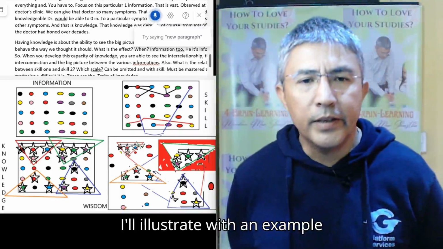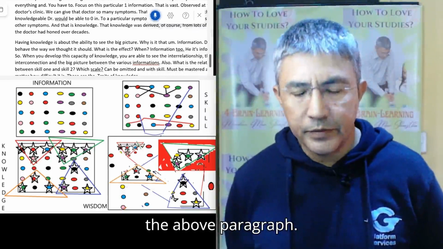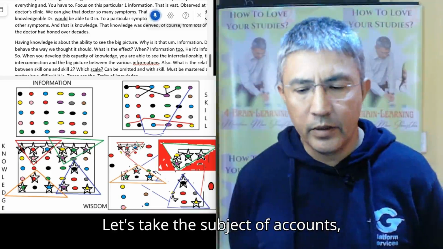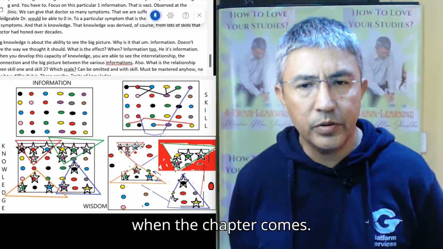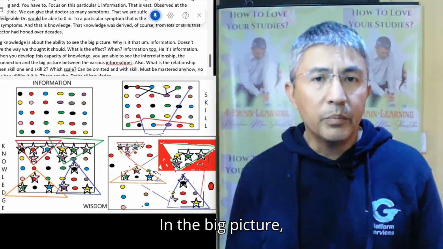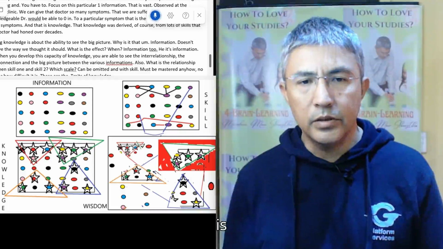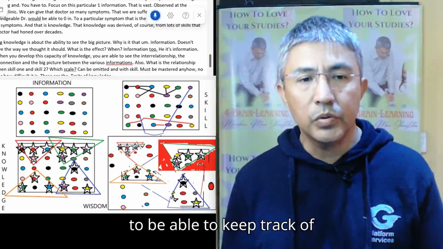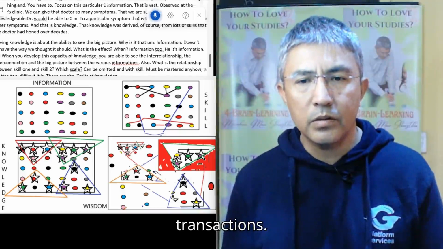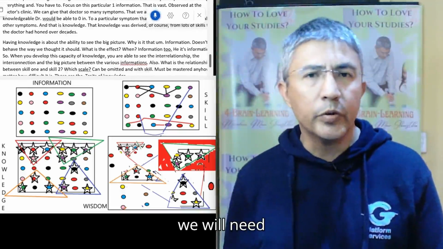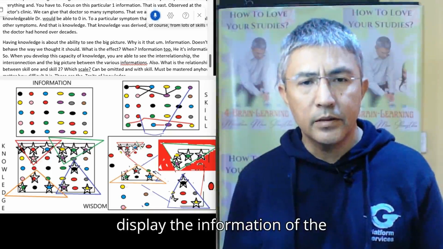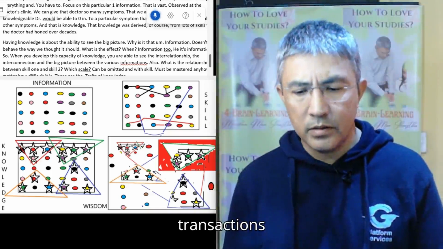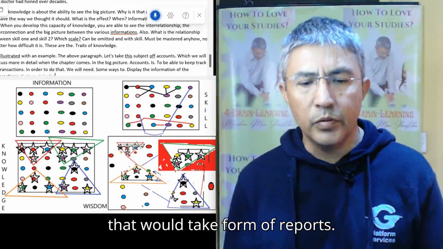I'll illustrate with an example the above paragraph. Let's take the subject of accounts, which we'll discuss more in detail when the chapter comes. In the big picture, accounts is to be able to keep track of transactions. In order to do that, we will need some ways to display the information of the transactions that would take the form of reports.